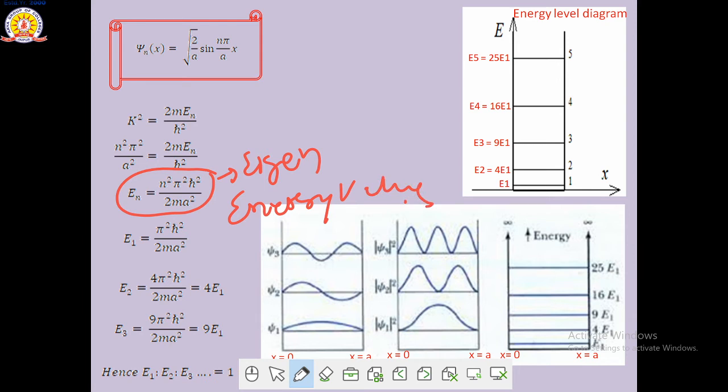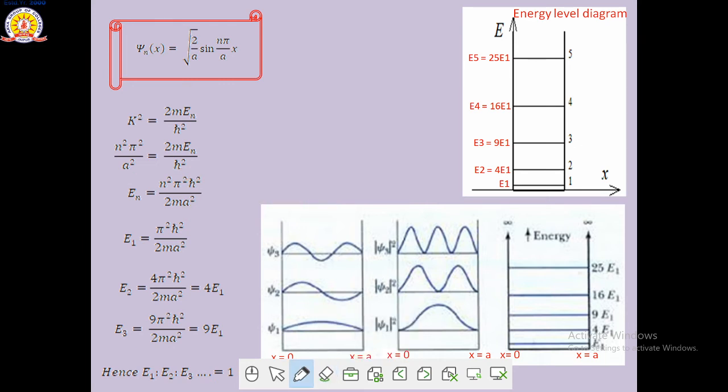In the given equation, h cross is also the Planck constant, which is h upon 2π. Small a in the given formula is the width of the one-dimensional box. m is the mass of the moving particle.